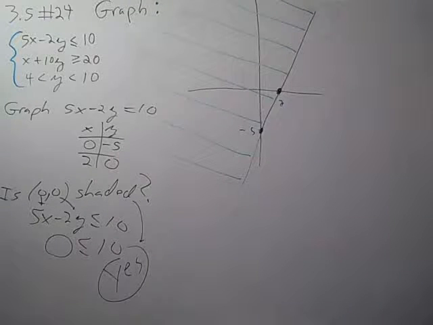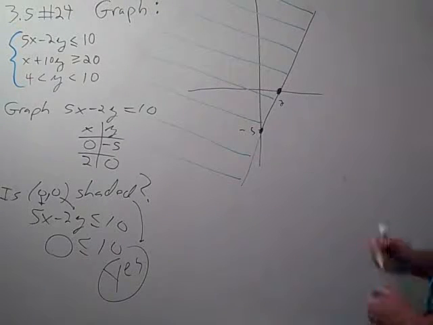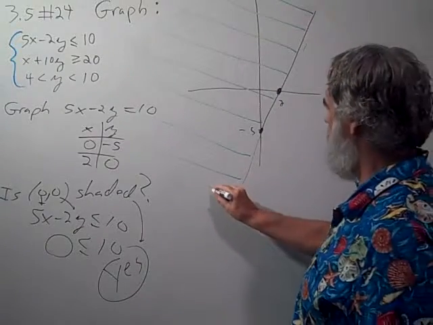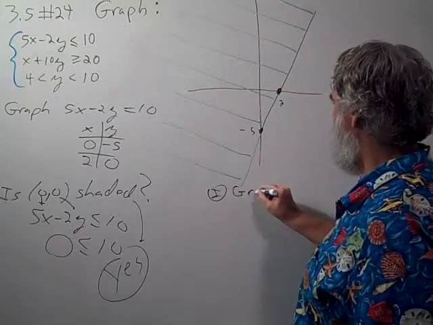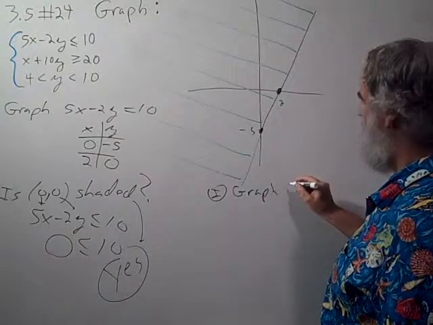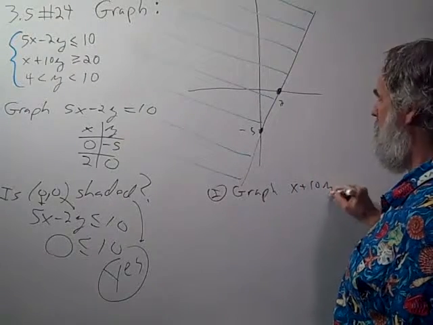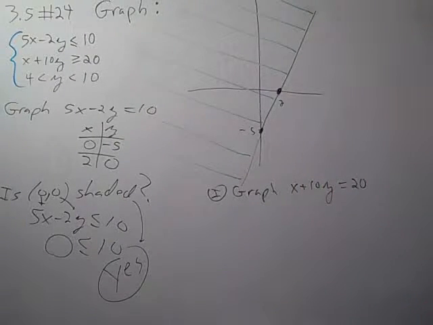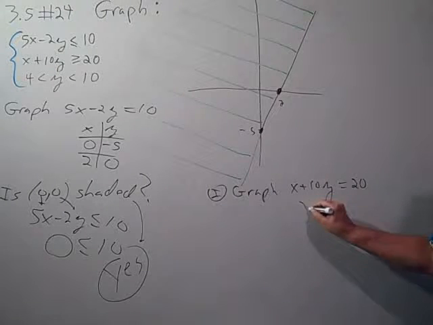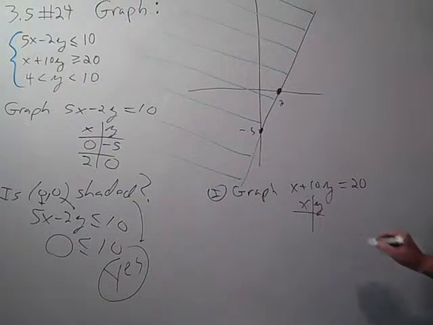So now we move on to the second inequality and go through this process for that. So first of all, we have to graph the line x plus 10y equals 20. So let's find 2 points that are on this line.